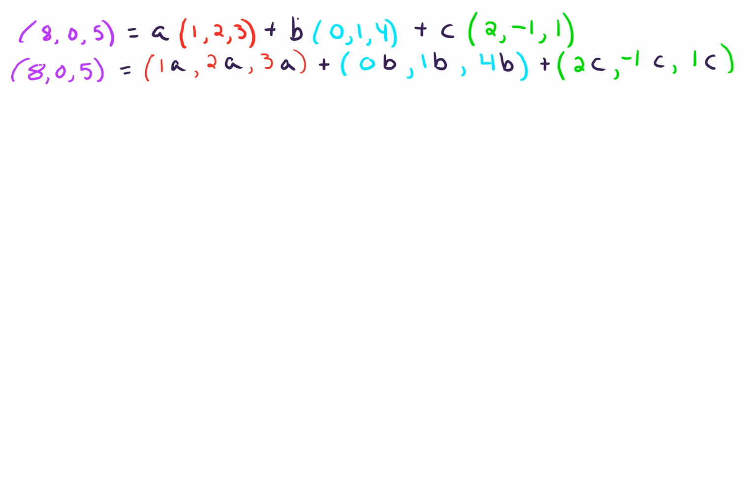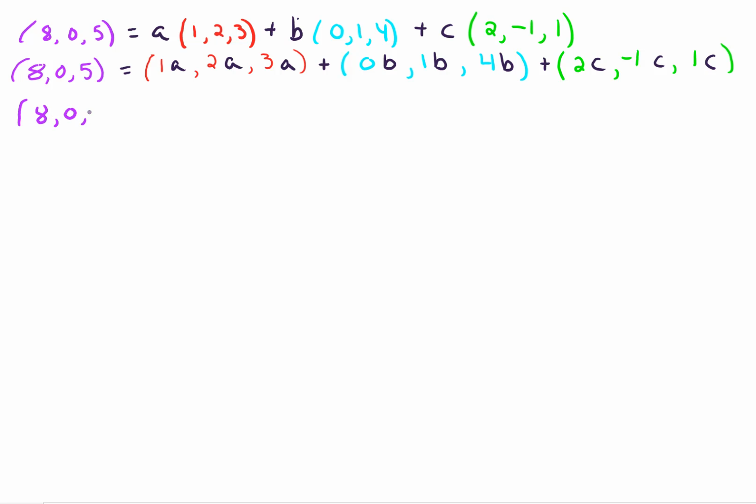Okay, and I've taken the liberty of writing down the next line in our calculation. If we perform scalar multiplication, we get 1A, 2A, and 3A, and so forth for the remaining two vectors. And now we want to add up these vectors, so we can do vector addition.